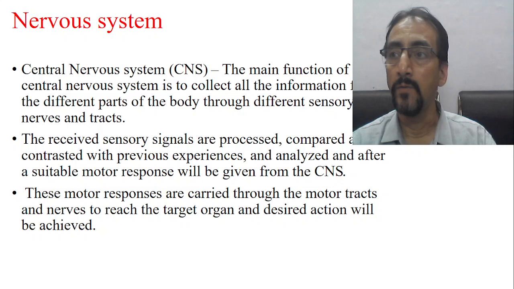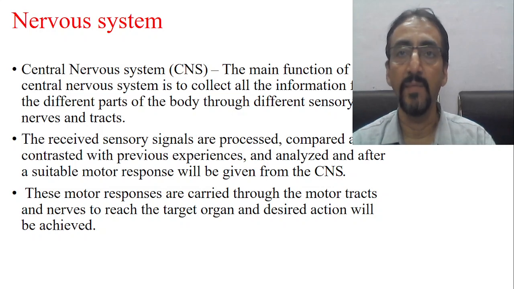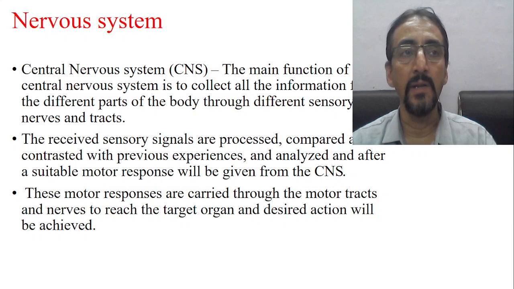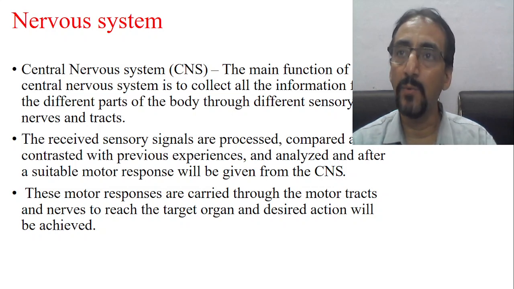Okay, so it's a center actually. That means information is coming from all over the body. It collects all the information coming from the different parts of the body, and then it gives a response against that.